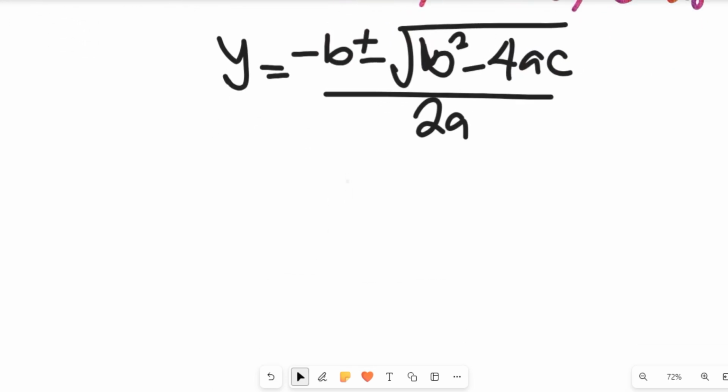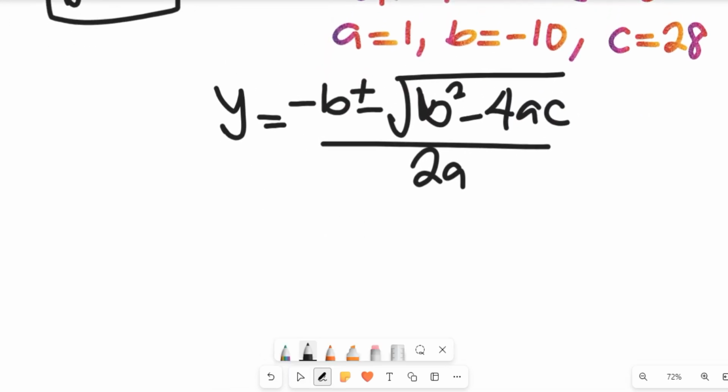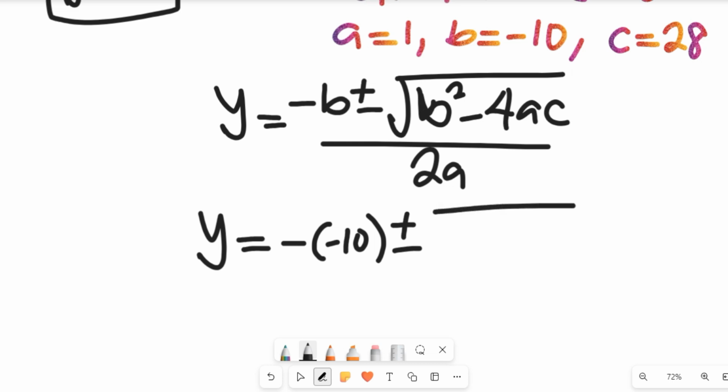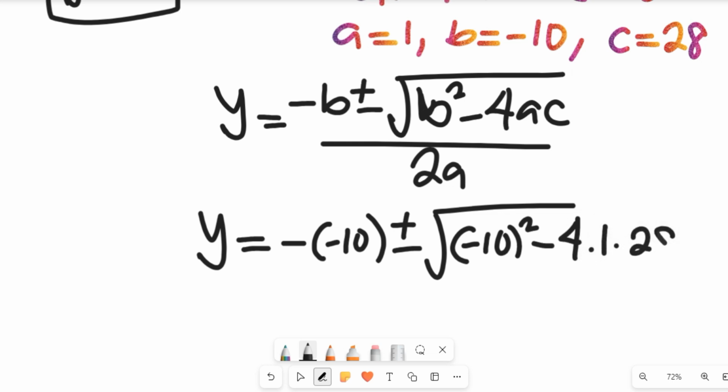So the value of our y, if we substitute those expressions, we'll have y equal to negative multiplied by negative 10, plus or minus the square root of negative 10 squared minus 4 multiplied by 1 multiplied by 28. All these will be divided by 2 multiplied by 1.